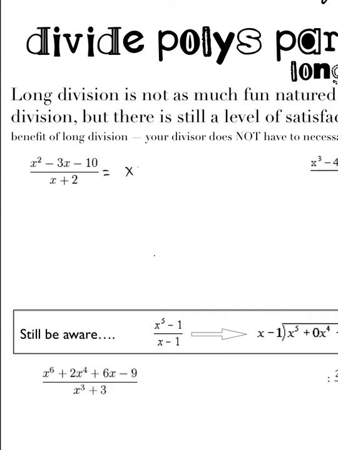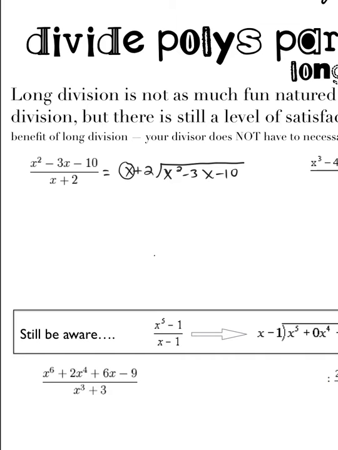I'm going to put the divisor on the outside, make a division bar, and on the inside I'm going to put what I'm dividing into. What's really driving everything is going to be putting the x into each of the terms here.